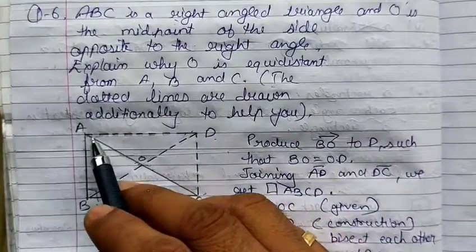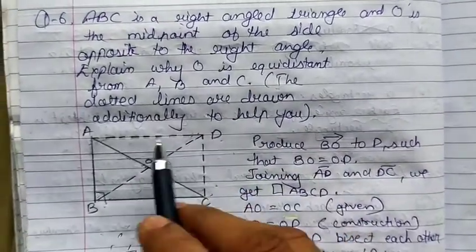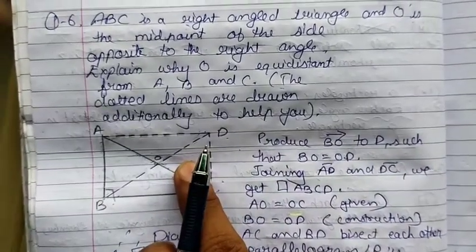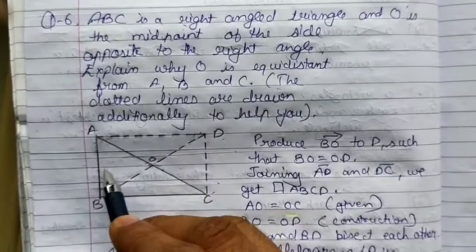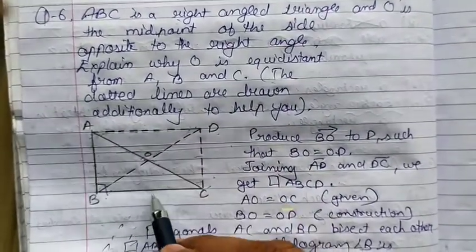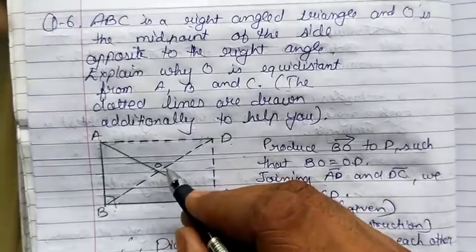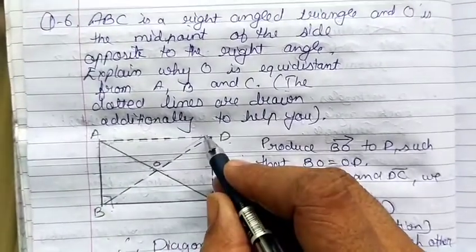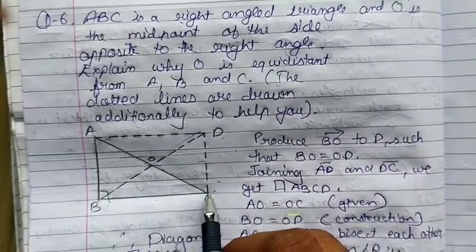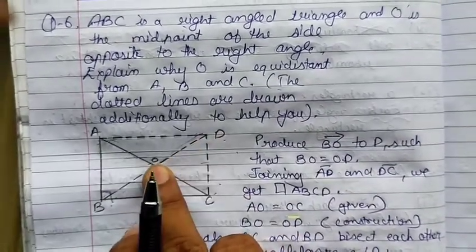Now joining A to D and D to C, we get quadrilateral ABCD. If it is a rectangle, its opposite sides are equal, AB equals CD and AD equals BC. That means if BO equals OD, in the same way AO equals OC, meaning the diagonals are equally divided.